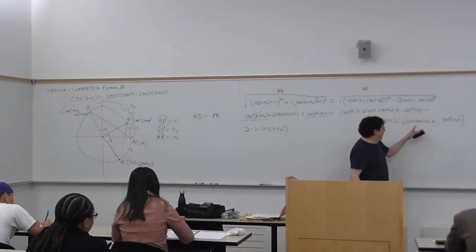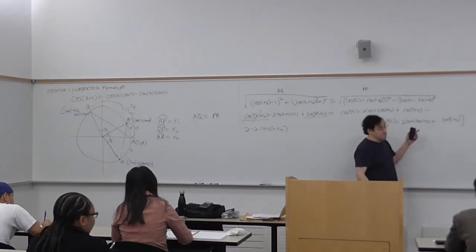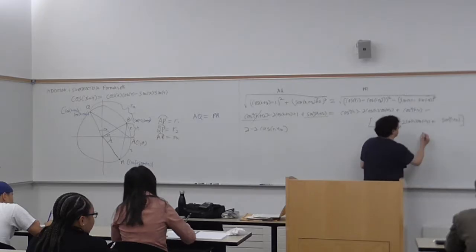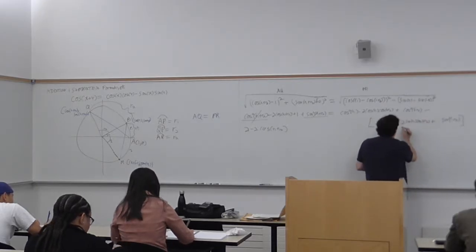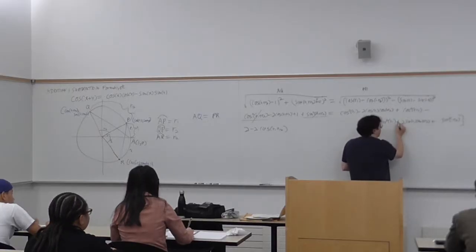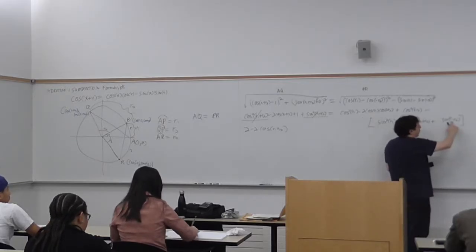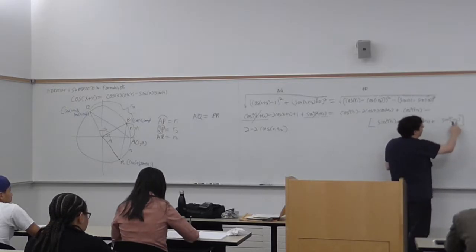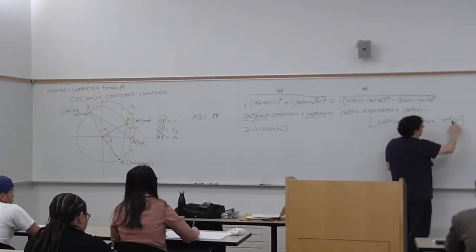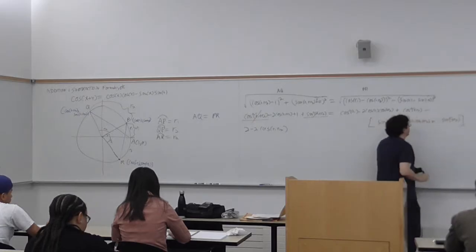I hope you all remember sine of minus r2 is minus sine of r2. It's an odd function. So I can make this a plus, but then I have to change this to a plus also. And here, well, sine of minus r2 is minus sine of r2, but it's squared, so minus 1 squared is plus, so I can just do this.